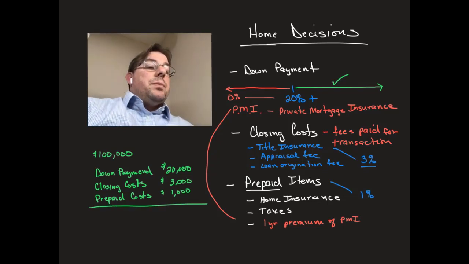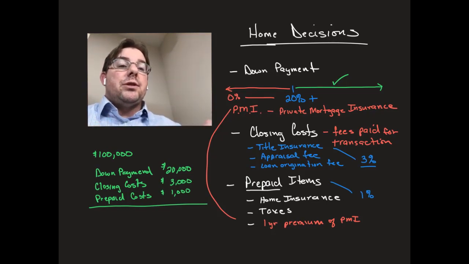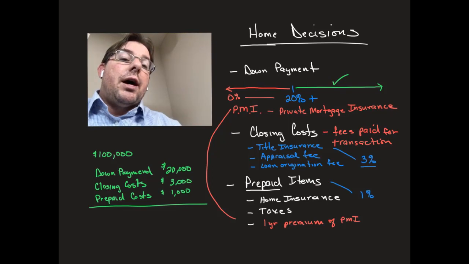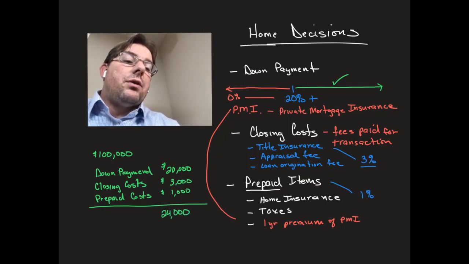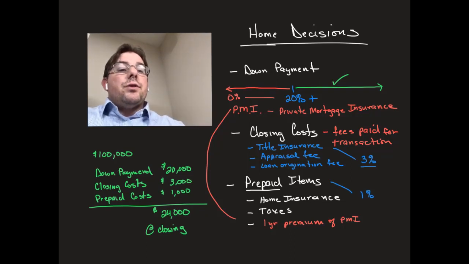And that is going to be something that will be used, so we're not losing it, but we still have to make sure that we bring to the table this amount of money. So for a $100,000 house, we are bringing $24,000 to the table at closing. Okay, so the $20,000 will go to the equity of the house, so you're not losing that.